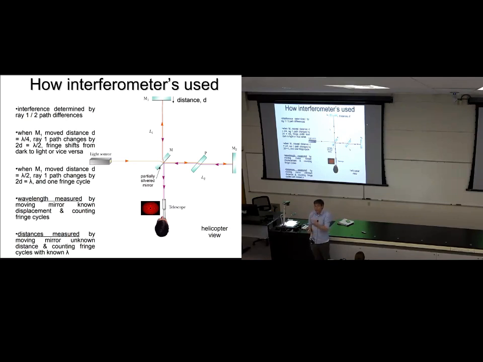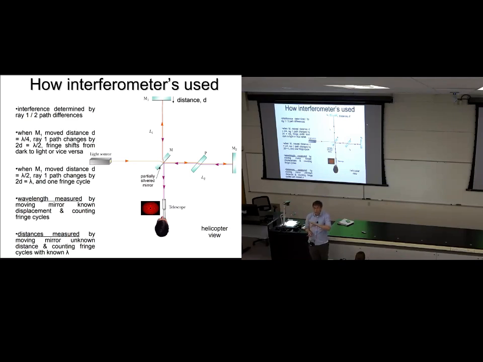If you've added a whole wavelength extra distance to the up-down path here, but you didn't add it to the left-right path here, then that means that the fringe pattern has changed. If supposing it was a bright fringe, it's gone from a bright fringe to a dark fringe and then back to a bright fringe. That's what we call one complete fringe cycle, bright to dark to bright.